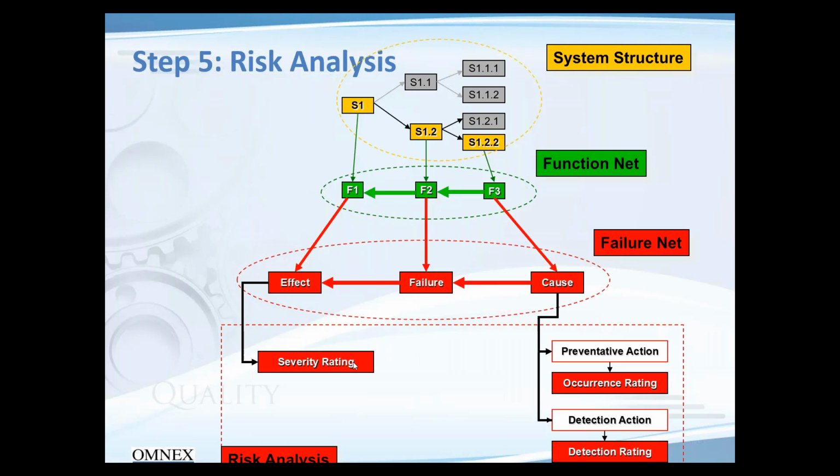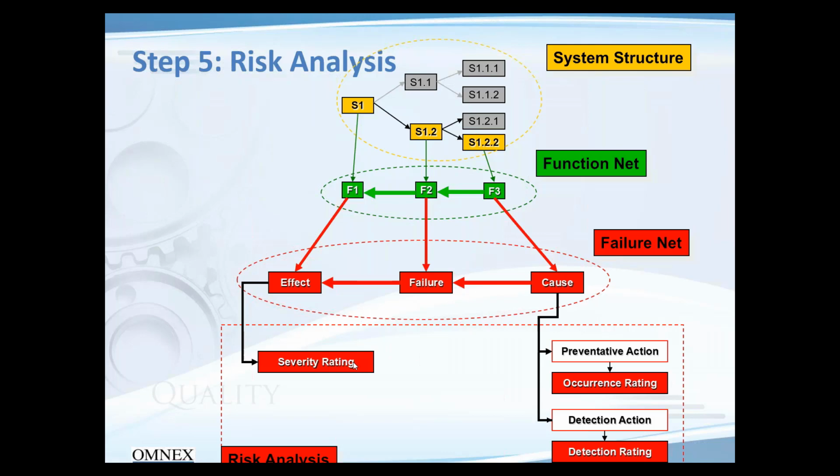So again, what that's saying is at the OEM level, they would have to give you information to have an understanding that if a certain effect occurred, what would be that severity ranking? Would that be a safety type issue? Would it be a primary, secondary function, or would it be a qualitative issue?